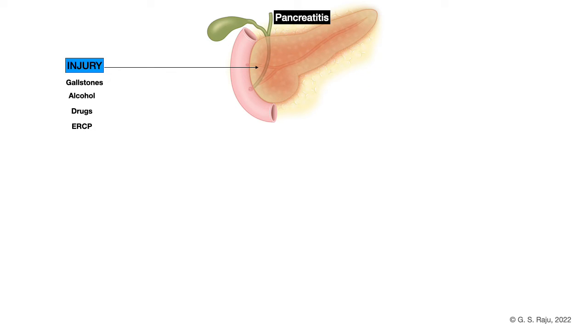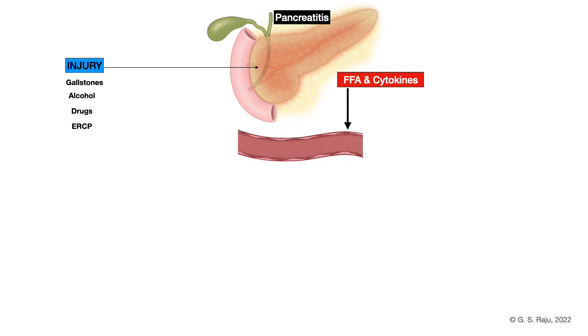As the process goes on, the inflammatory activity releases free fatty acids and cytokines, and they cause a lot more damage. They act on the microcirculation and make the circulation leaky with the loss of fluid, or third space loss of fluid.